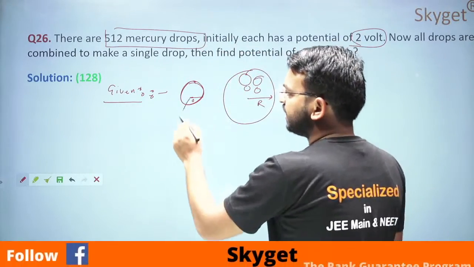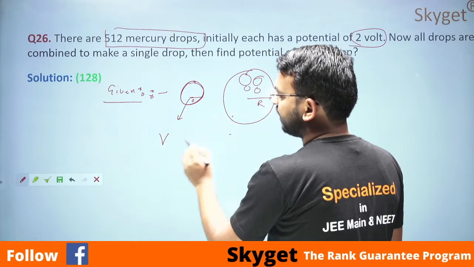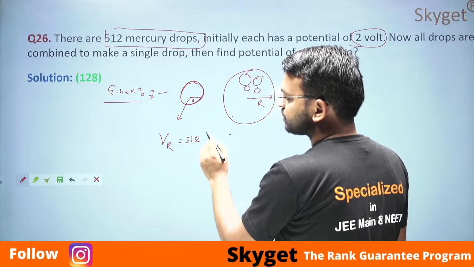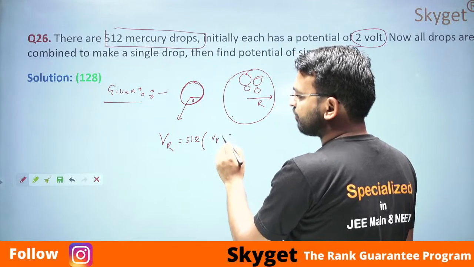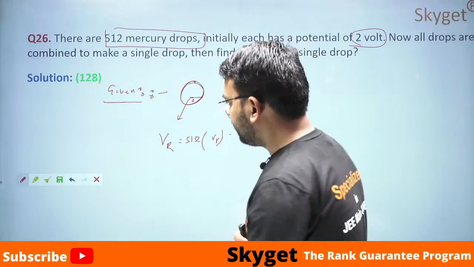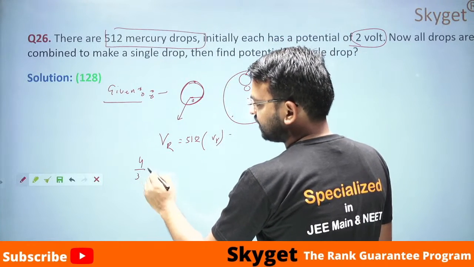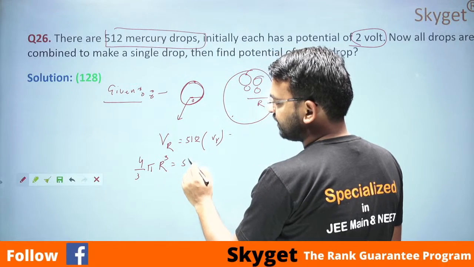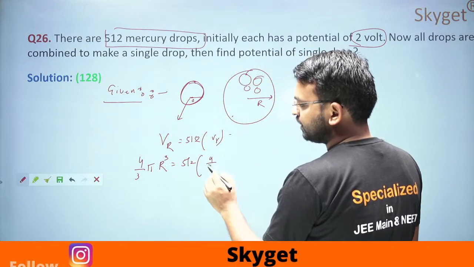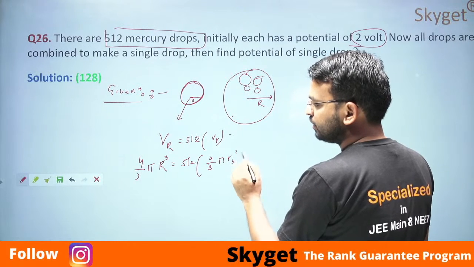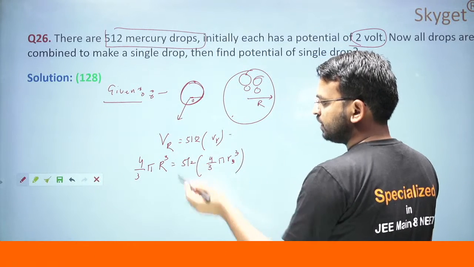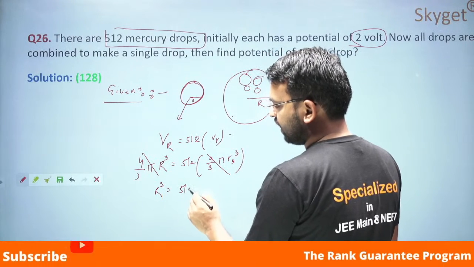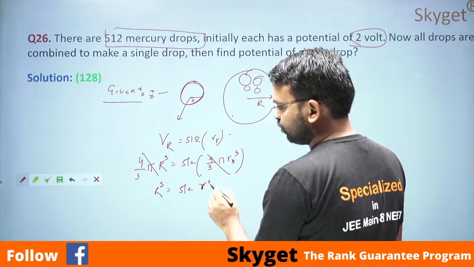So the volume of the big drop will be equal to 512 times the volume of the small drops. So 4 by 3 pi R cube should be equal to 512 times 4 by 3 pi r cube.